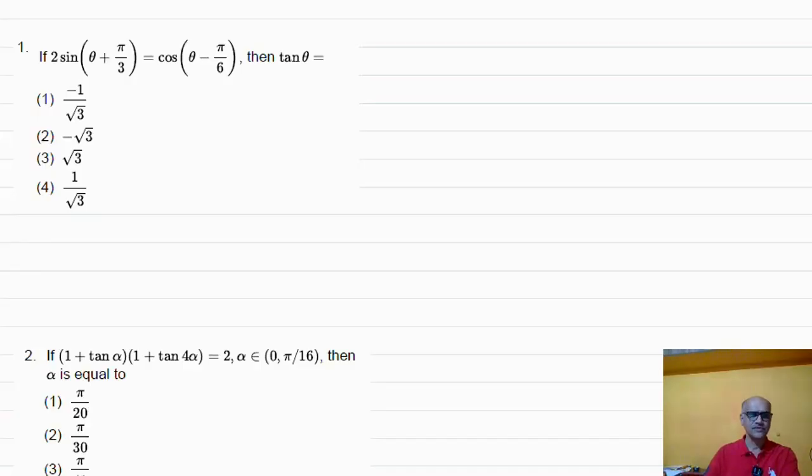So the first MCQ: if 2 sin(theta plus pi by 3) is equal to cos(theta minus pi by 6), then tan theta is asked. Apply the formula on both sides. 2 sin(A plus B), using the sin(A plus B) formula, is sin theta into cos pi by 3 plus cos theta into sin pi by 3.